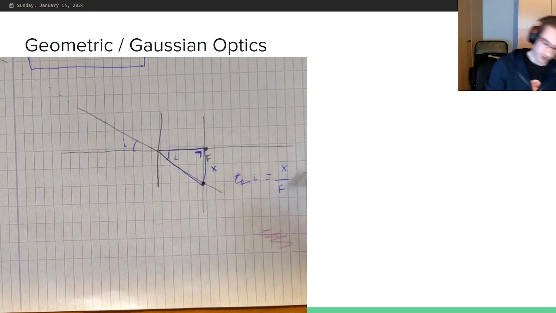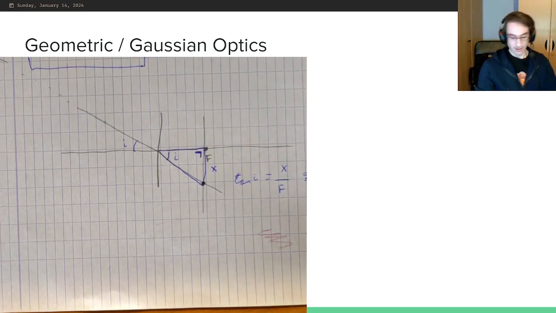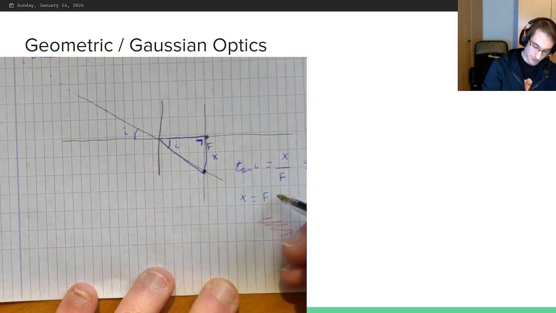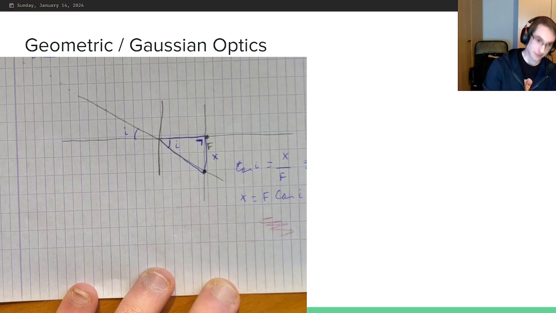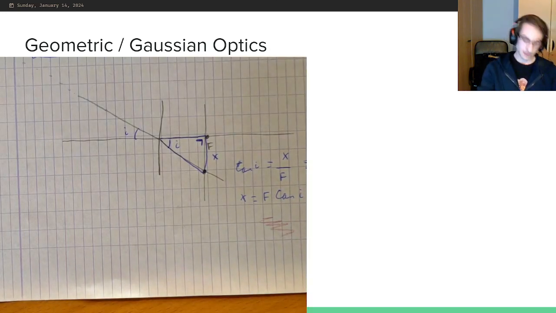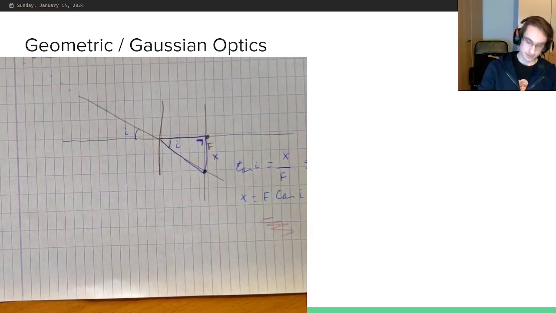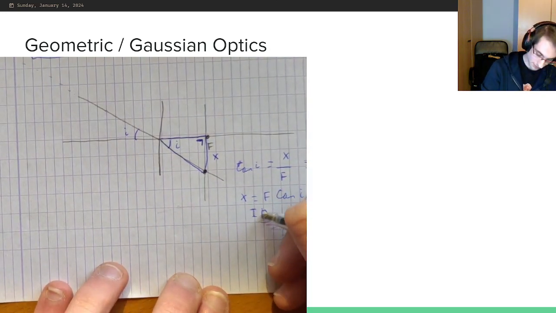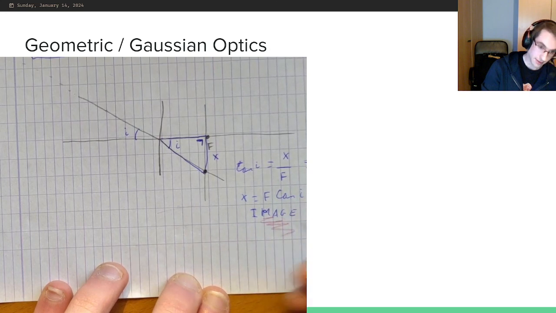And then if we know this function, that means that we can find x as being f times the tangent of the incoming angle. And this is the image scale of my system.